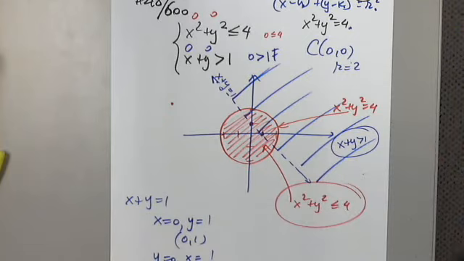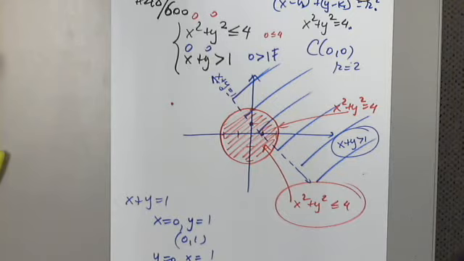The blue region consists of all ordered pairs that make the second inequality true. But I'm not interested in the second one, and I'm not interested in the first one. I'm interested in the system. Do the red and the blue regions intersect? If they do, then the system has solutions. If they don't, the system has no solutions.